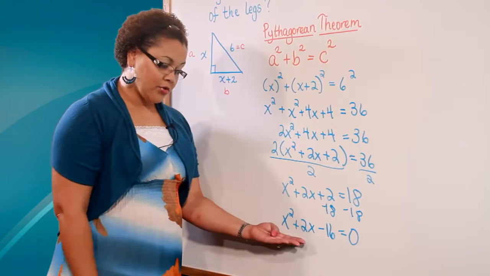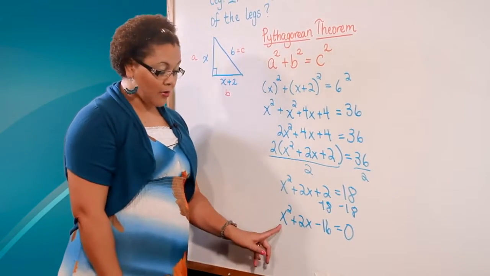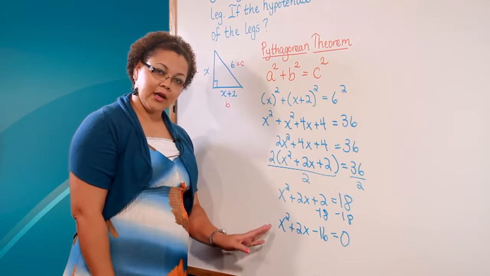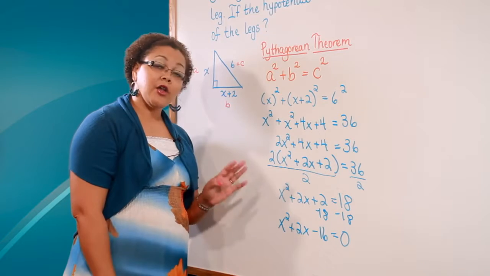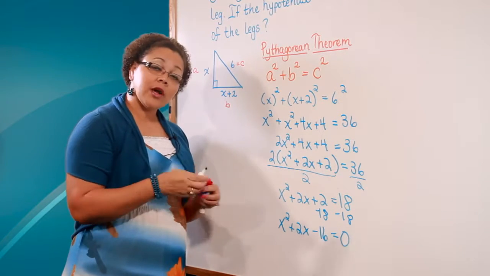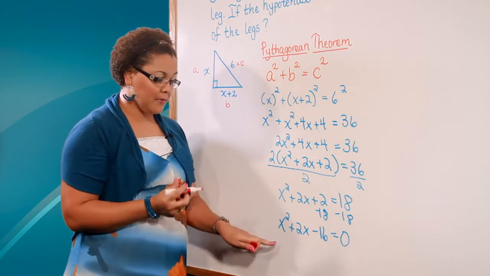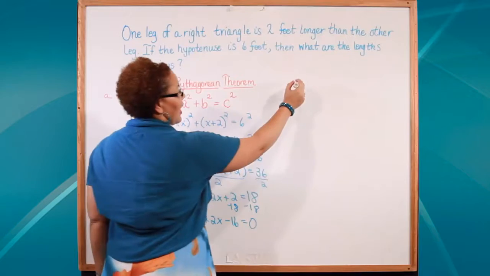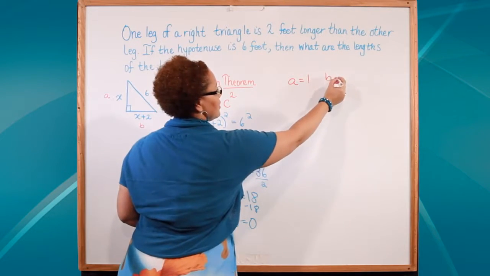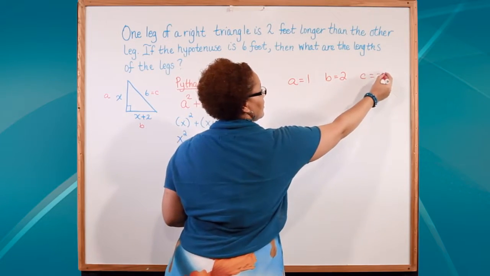So we have a quadratic equation set equal to 0, and now we're going to solve for x by using the quadratic formula because unfortunately I cannot factor this equation, but I know the quadratic formula will work every single time. So to use the quadratic formula, we need to know the values of our constants a, b, and c. A is positive 1, b is 2, and c is negative 16.